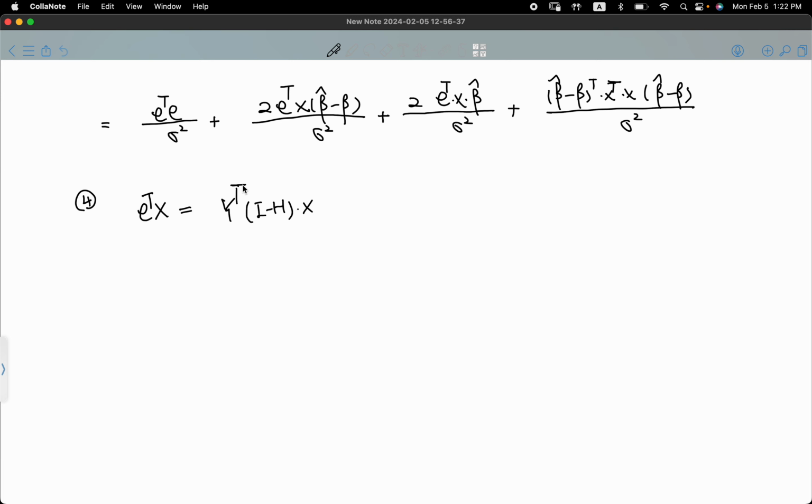So here I'm just writing the E as I minus h multiplied by y, but we have a transpose here. And we have y transpose x minus h x. And then h is just x transpose x inverse x transpose multiplied by x.